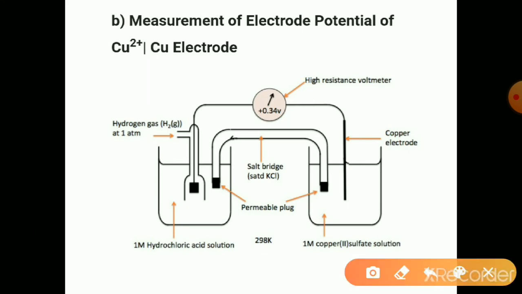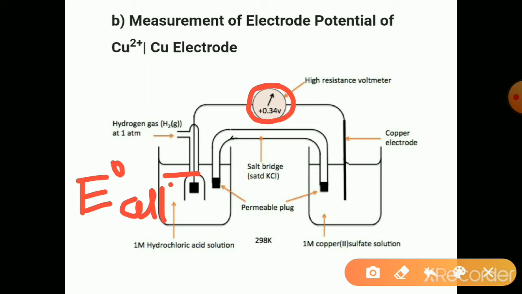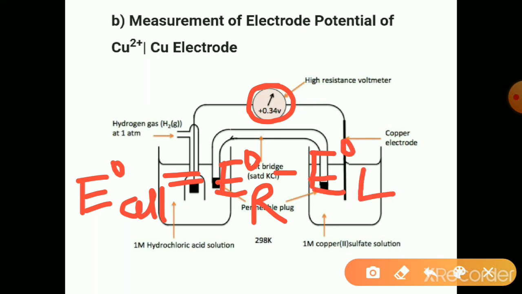So when the circuit is complete, whatever the cell potential measured, it is 0.34 volt. Now here we know that E naught of cell is equal to E naught of right or cathode minus E naught of left, that is anode.